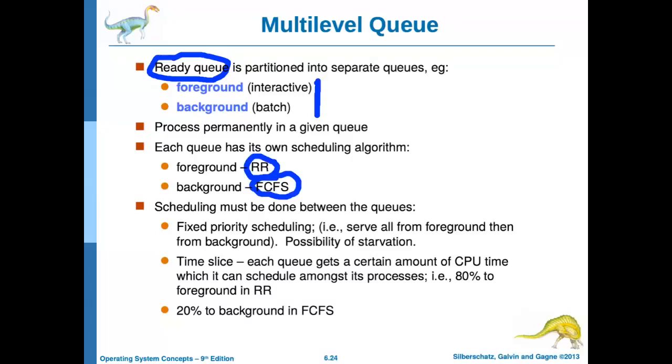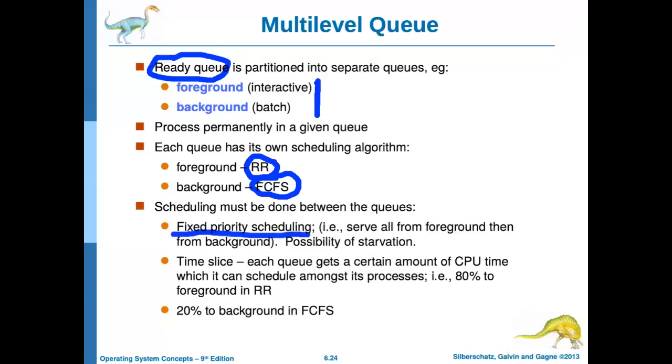And we need to do scheduling between the queues also. For a specific queue, that is fine; we utilize any one of the algorithms depending upon the nature of the process. Whereas between the queues we can deal with some separate algorithms. For example, we can have fixed priority scheduling.